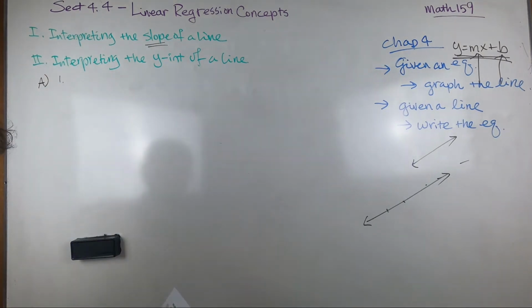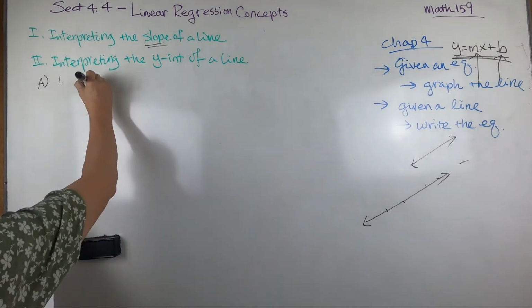First one, a study was done to see the relationship between the time it takes, x, to complete a college degree and the student loan debt incurred, y. The equation of the regression line was found to be this way.